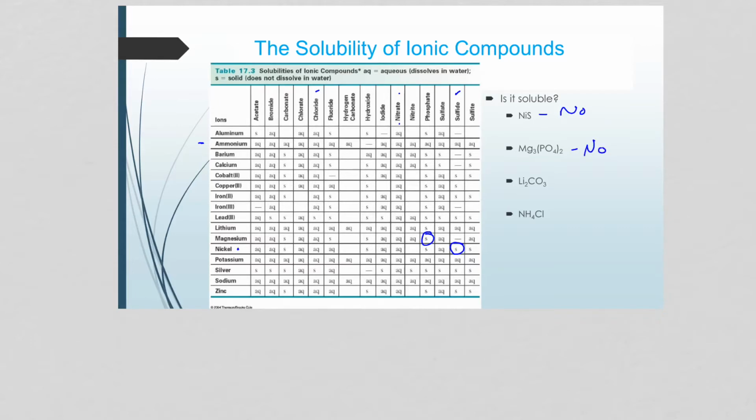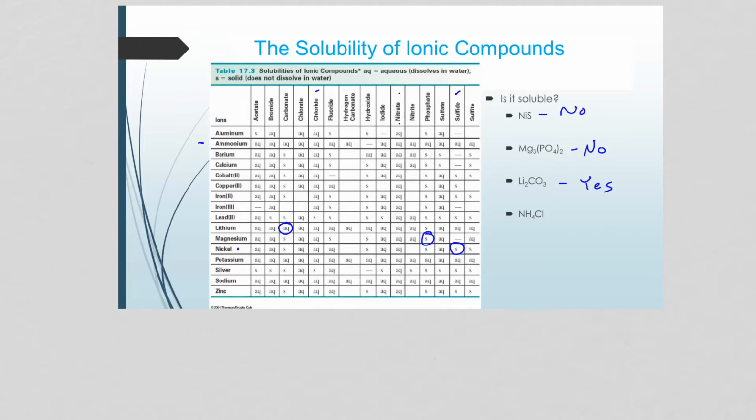How about this one? Lithium carbonate. If we look at, let's find the metal this time. So we find lithium, and we go across, and we find carbonate. Oh, it's alphabetical right here. Lithium carbonate is going to be soluble.